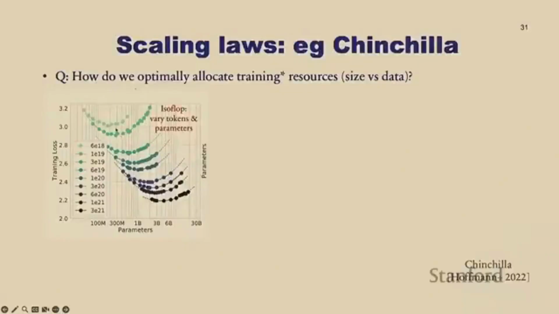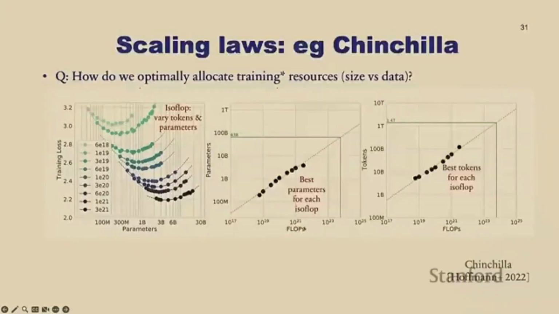Then you take the best point for each of those curves. Once you have the best one for each curve, you can plot how many flops it was, and how many parameters you actually used for that specific point. You put that on a log scale again, and fit a scaling law again.